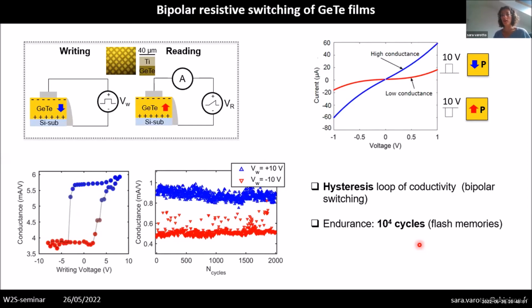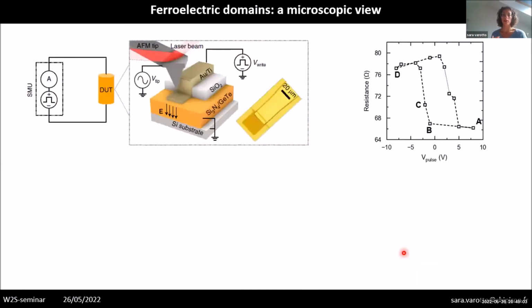At this point, we want to know if we are really observing something related to the ferroelectric polarization change or not. So, are we switching ferroelectric domains? This is the question. To answer it, we designed a different experiment in which we combine this bipolar switching with piezo-response force microscopy.